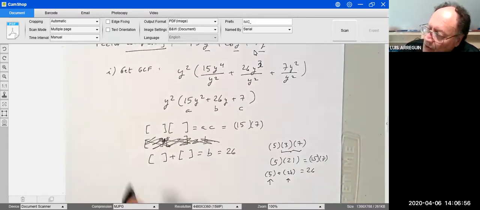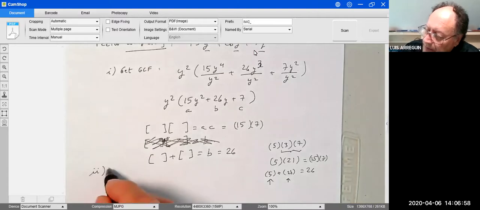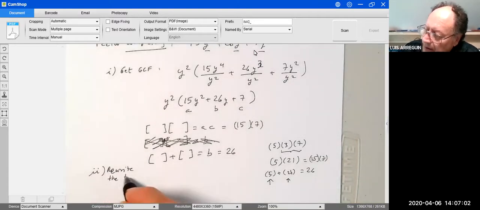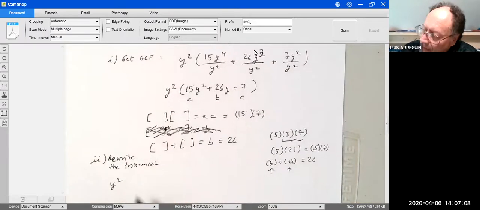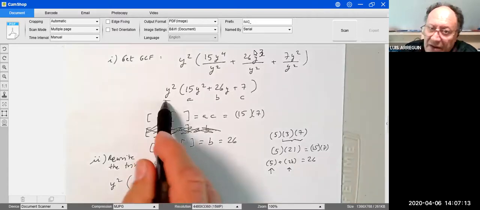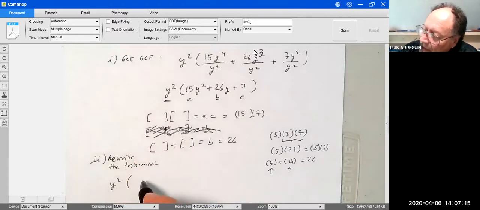Okay, so I'm going to rewrite my trinomial, but without removing the greatest common factor that I found before. So I need to keep my y squared that I factored out.